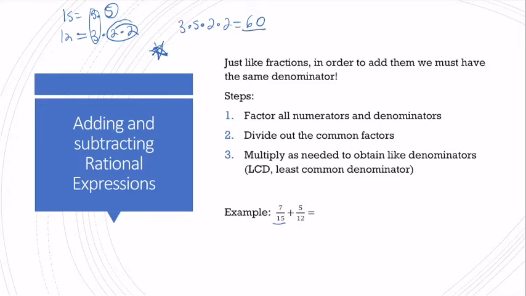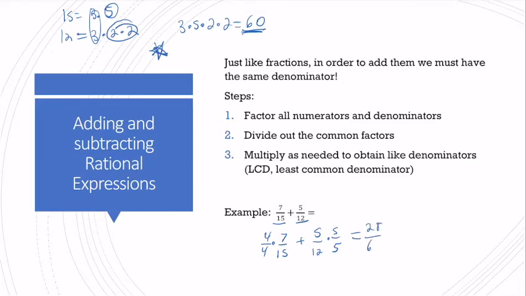In order to make 15 look like 60, I need to multiply it by 4 over 4, because if I multiply by 4 over 4, I'm really harnessing the power of 1. And in order to make 12 look like 60, I need to multiply it by 5 over 5, again harnessing the power of 1.